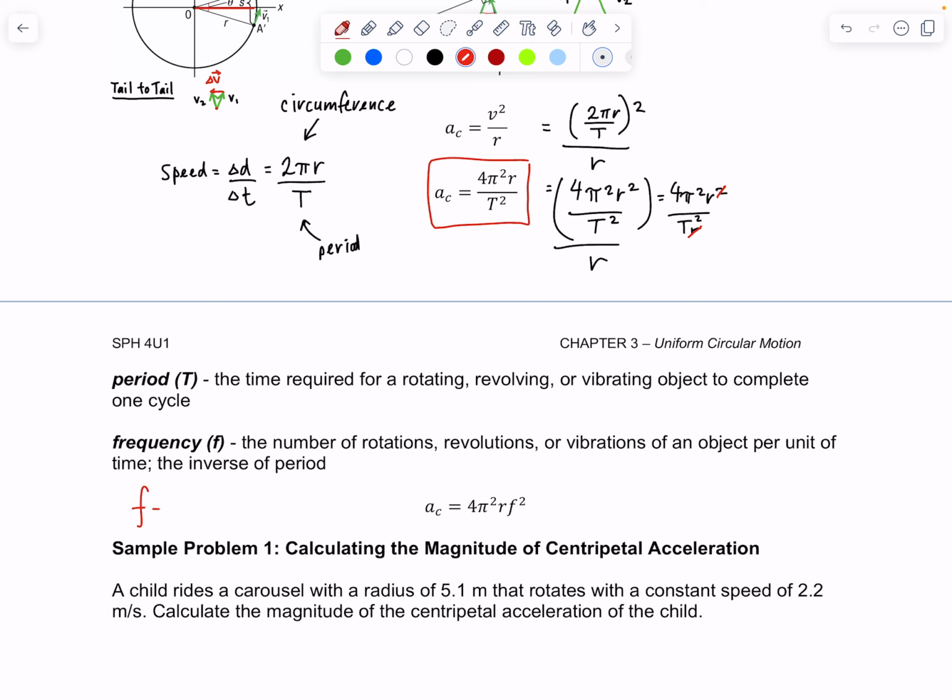So we know that frequency is 1 over T. So if we have centripetal acceleration equals 4 pi squared r over T squared, since 1 over T squared is equal to f squared, 1 over T squared equals f squared.